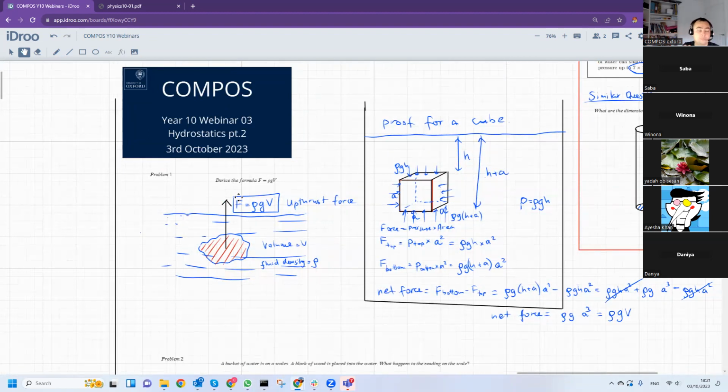Different people have a different volume, but your volume in liters is approximately equal to your mass. I am 75 kilograms, so I would be approximately 75 liters, because my density is approximately 1,000 kilograms per cubic meter.